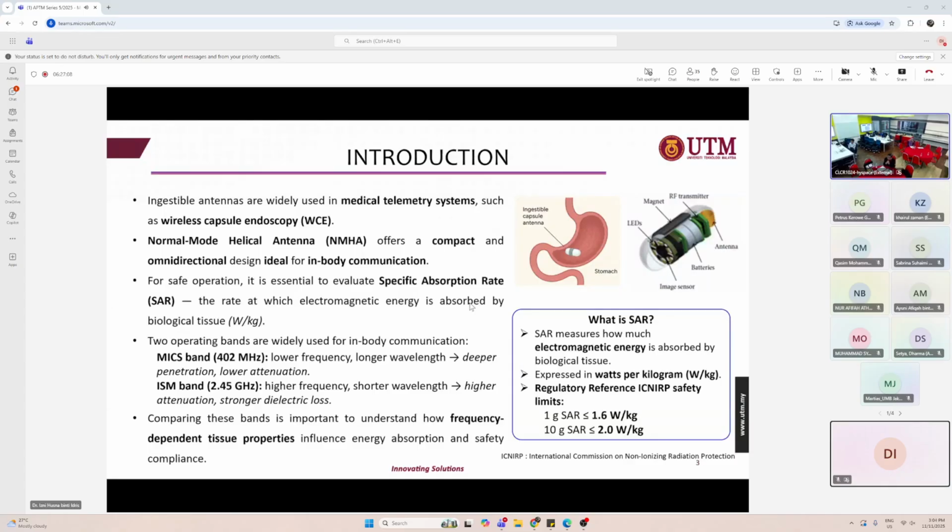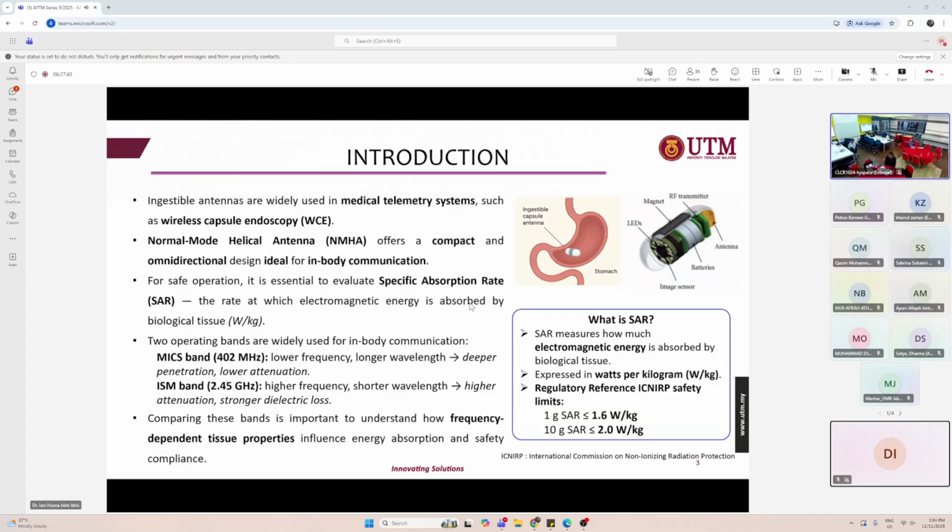The normal mode helical antenna offers a compact and omnidirectional antenna design that is ideal for this ingestible type of application. For safe operation, it is crucial to evaluate the SAR distribution in the body. The two most commonly used operating bands for in-body communication are the MICS band, Medical Implant Communication Service band.